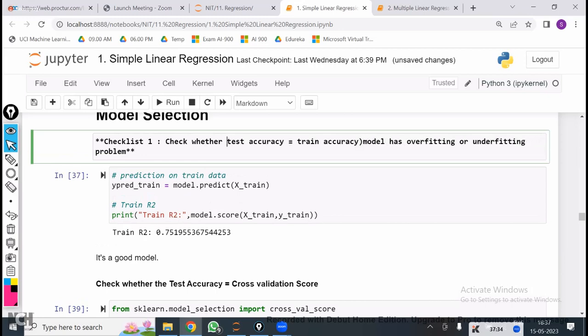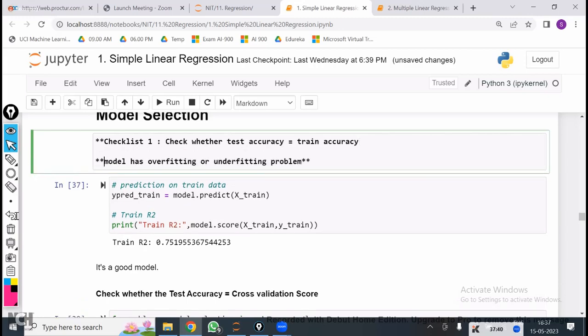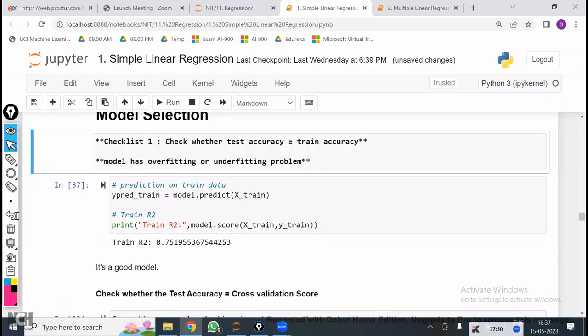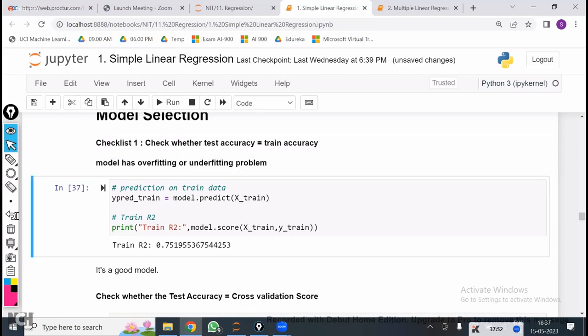Check whether your train accuracy is equal to your test accuracy, which is also called overfitting or underfitting. Whether your model is overfitted or underfitted means if the train accuracy is equal to test accuracy, then it is considered as a good model, or otherwise it is considered as either overfitted or underfitted.